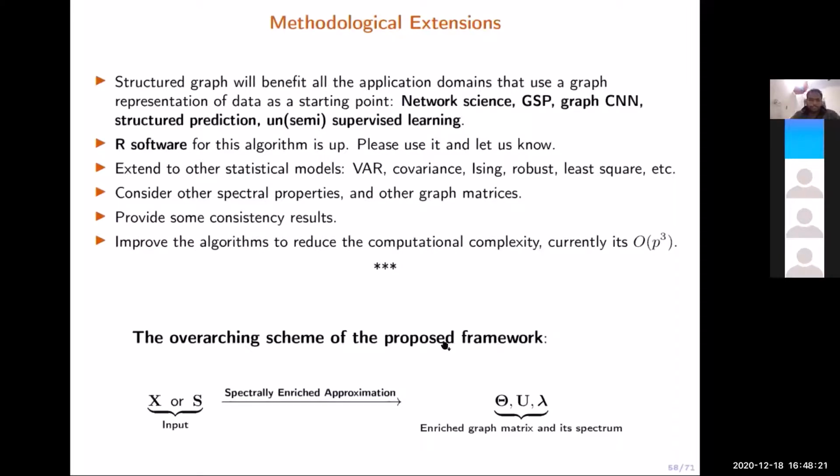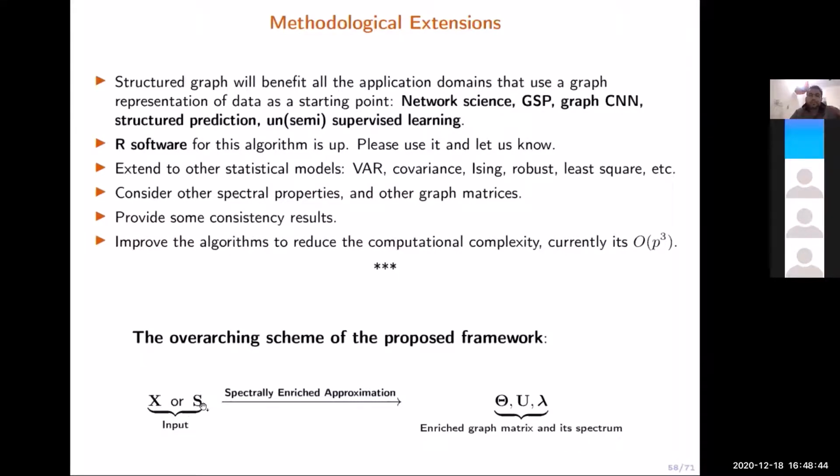So far, if you have understood the method, you must have realized what we are actually doing in a broad sense: given data or an initial graph matrix. So we had data X. We computed the sample covariance matrix. The sample covariance matrix is a kind of graph matrix, but we can say a noisy graph matrix.